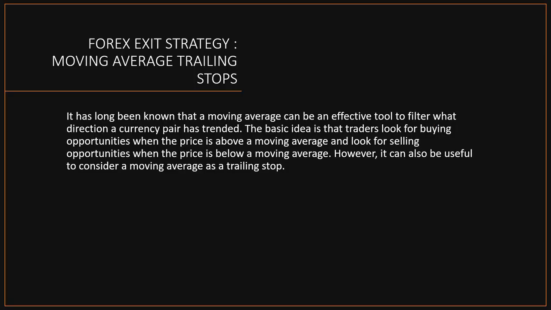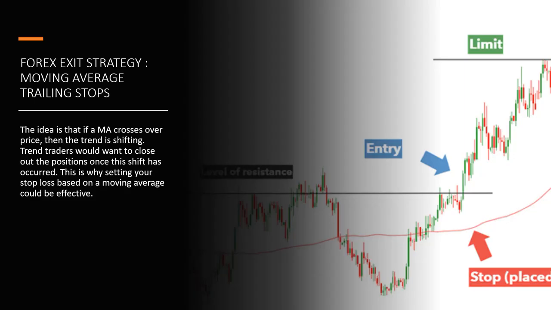Now, there's other types of strategies like moving average, trailing stops. It's been long known that a moving average can be an effective tool to filter what direction a currency pair is traded. The basic idea is that traders look for buying opportunities and selling opportunities. I use moving averages, red light, green light, just as environmental or informational.